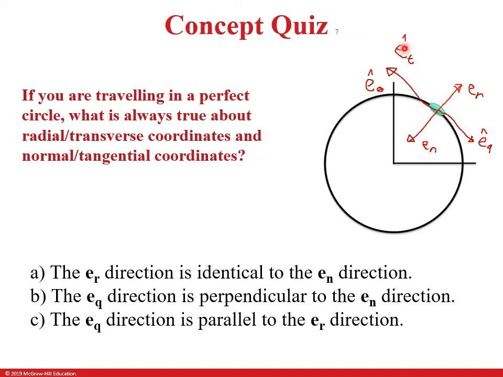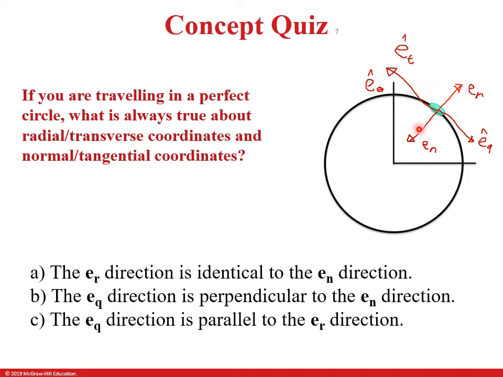But the normal and tangential, the two coordinate systems are on the same lines, as you can see. And the tangent and the theta unit normal is in the same direction. It's even in the same direction and the same line. These are in the same line but opposite directions.